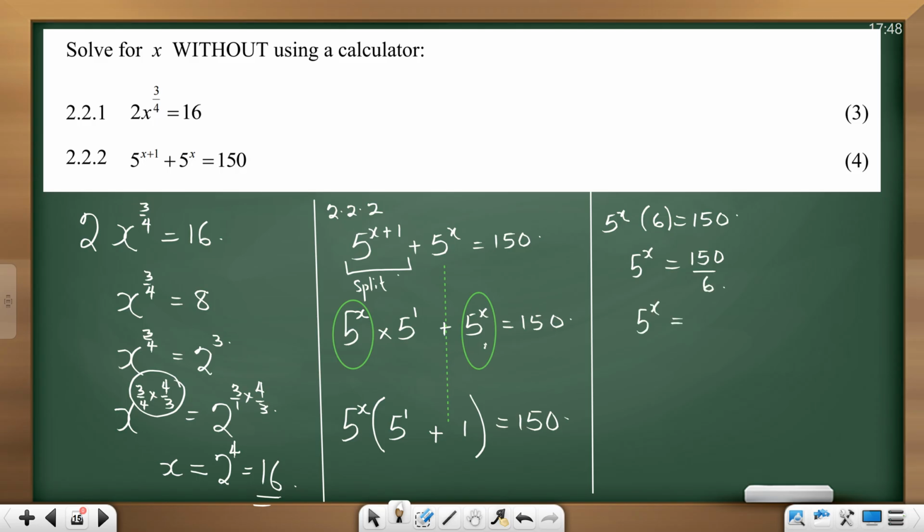What would that give us? That is 25, which is 5 to the power 2. X will be 2.